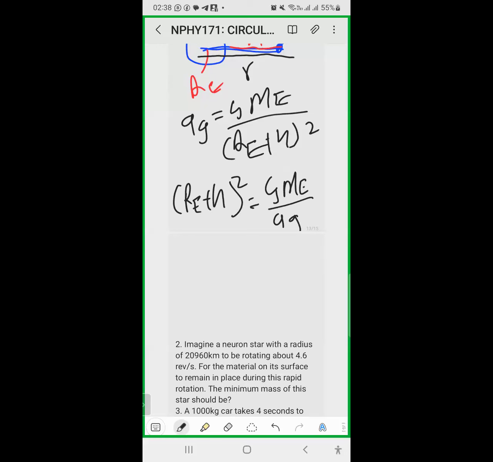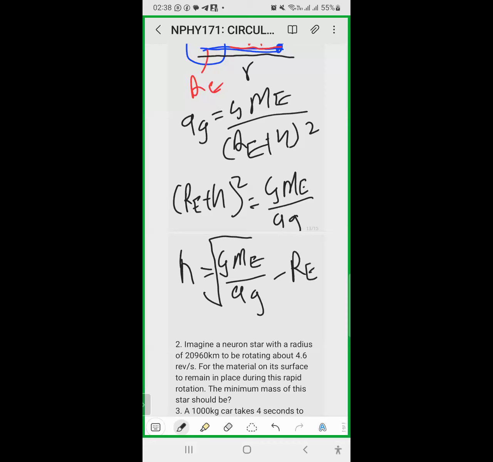Now let's continue and find the solution. So we're going to have h equal to the square root of G times the mass of the Earth over the gravitational acceleration, and then minus what? The radius of the Earth.